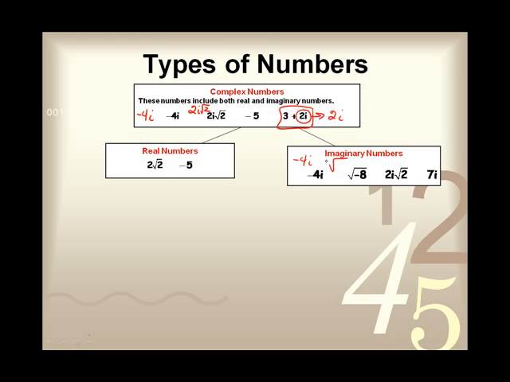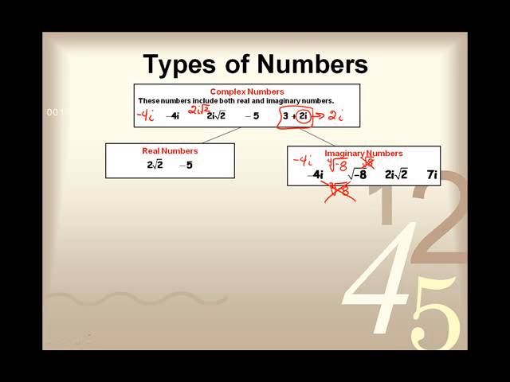So if you had the fourth root of -8, that would also be imaginary. The third root of -8, that is not imaginary. The square root of just 8, that would not be imaginary. You need a negative number underneath a square root in order for it to be imaginary.